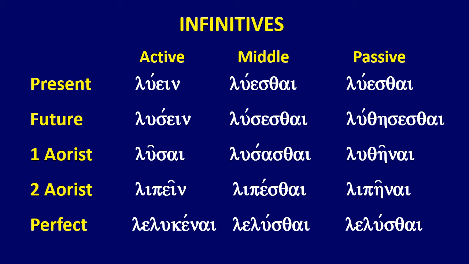Or the present middle infinitive, luesthai, we would translate that to loose for himself, or herself, or itself, etc. When it comes to the present passive infinitive, luesthai, same form shared with the middle, so know that with that form it could be either middle voice or passive voice. You would translate that to be loosed if it was passive.